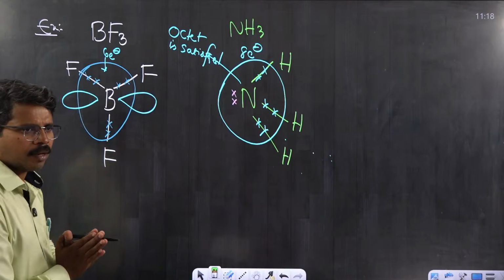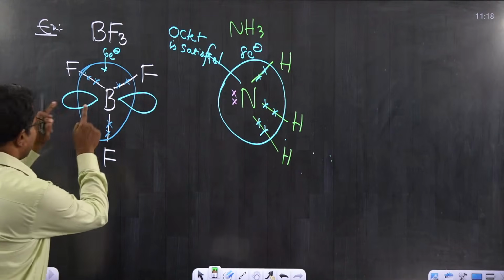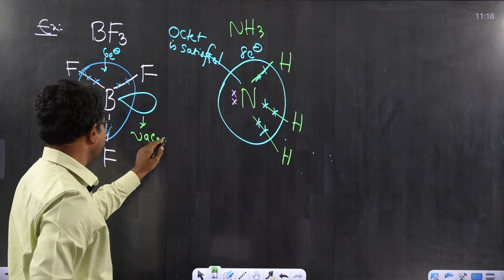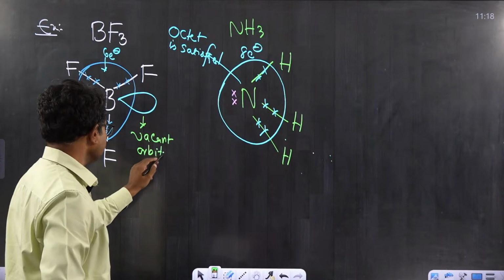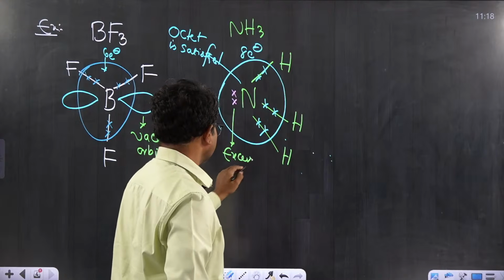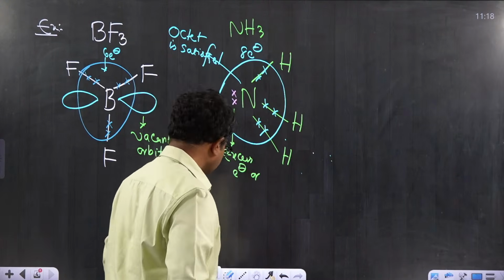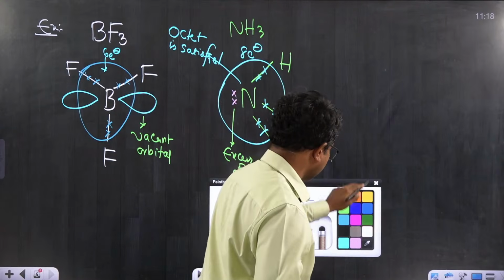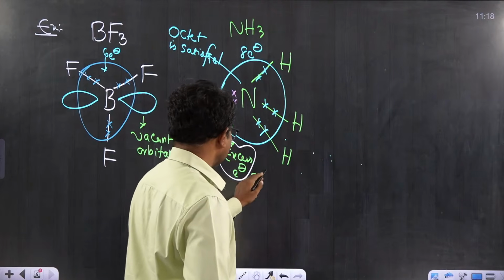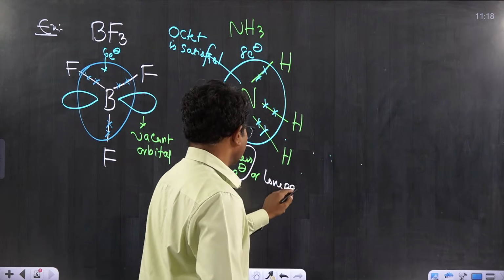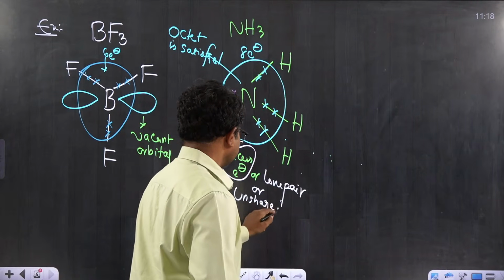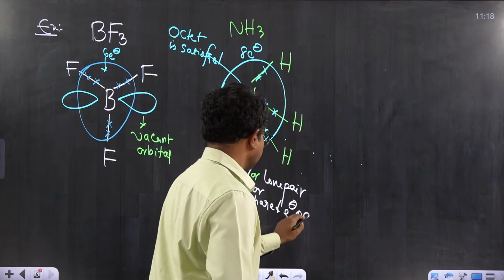Now tell me students, here boron requires electrons and it is having a vacant orbital, and nitrogen has excess electrons. Excess electrons means, as I told you, after satisfying the octet rule, which I can also call a lone pair or an unshared electron pair.